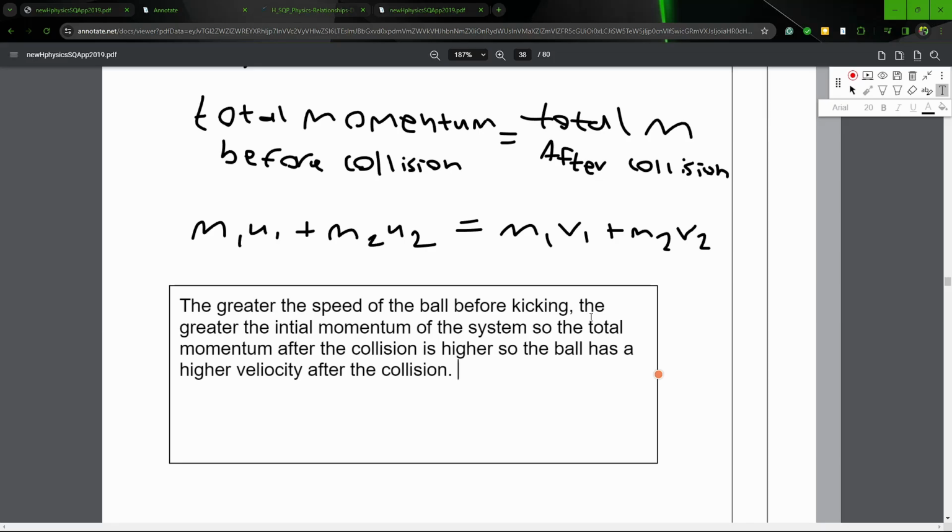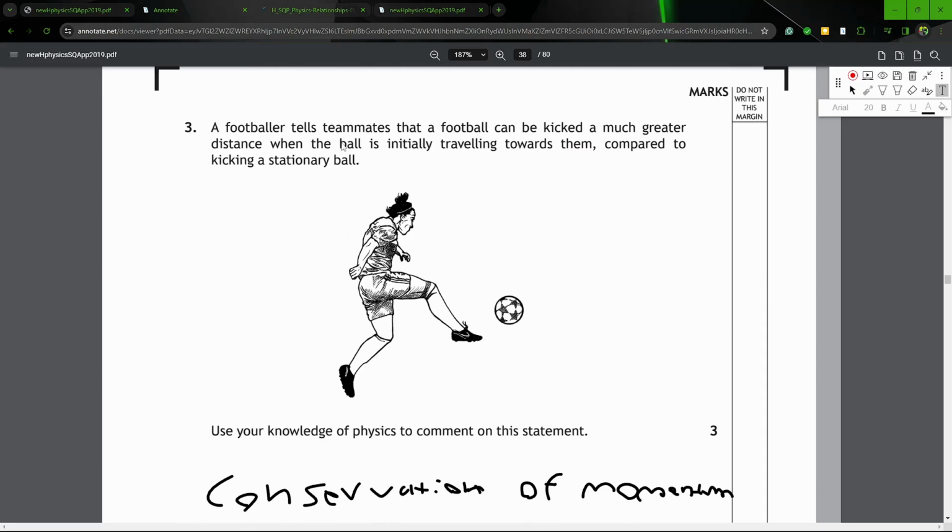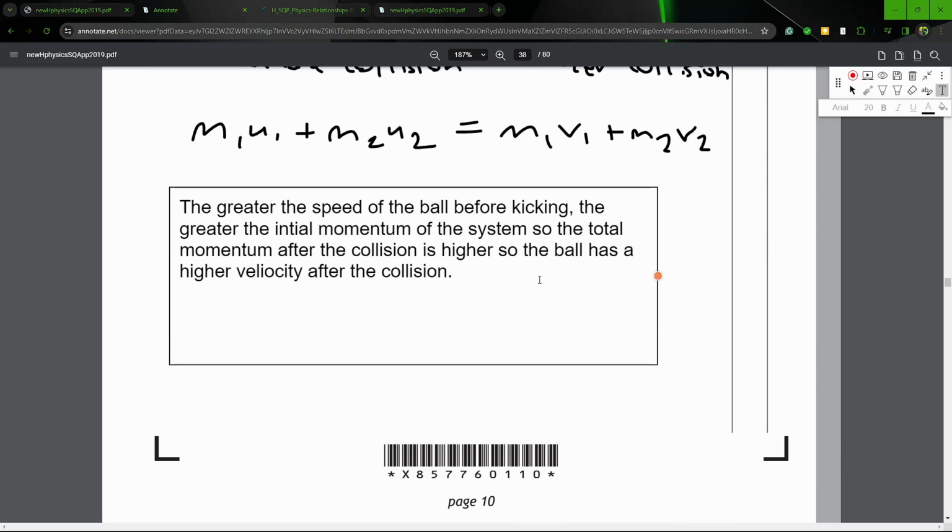That's continuing to be good. That you can mention, because it's not just about having a faster ball, it's actually a greater distance. So you can start talking about higher horizontal velocity, because we're kicking it horizontally.